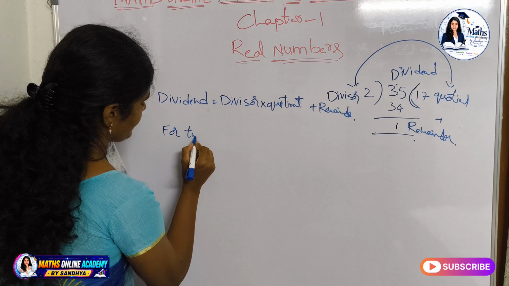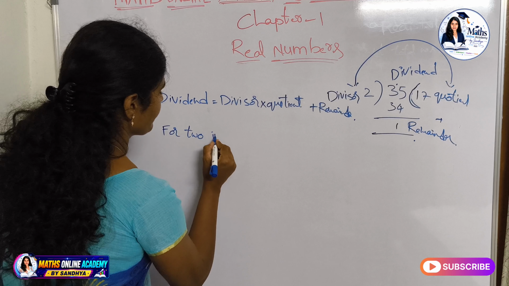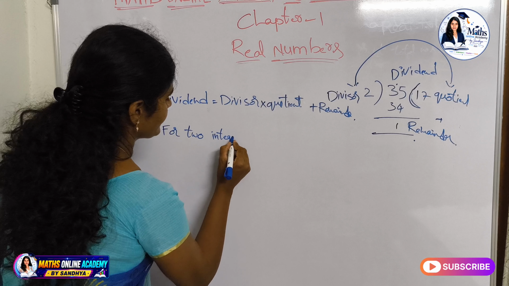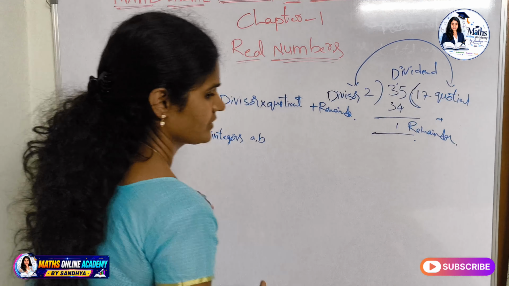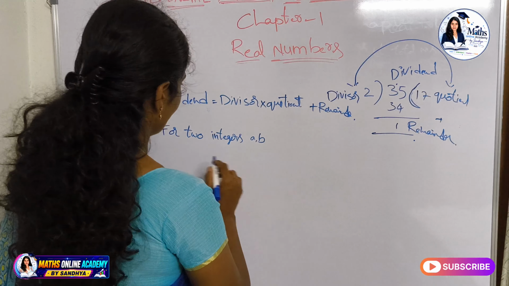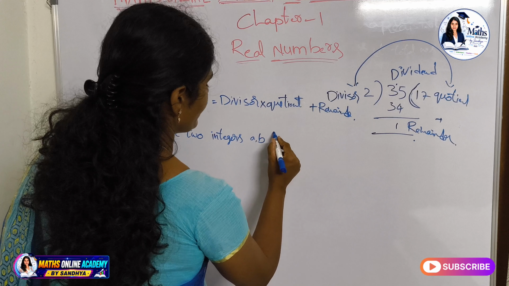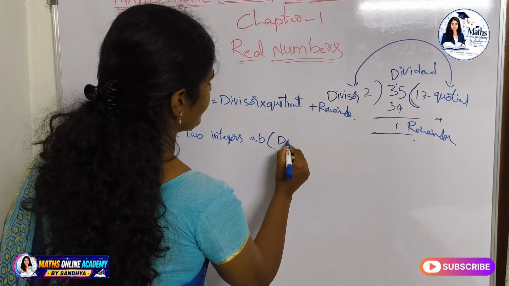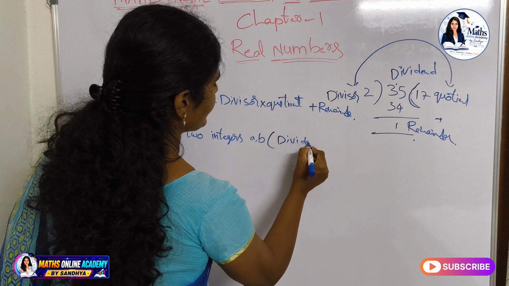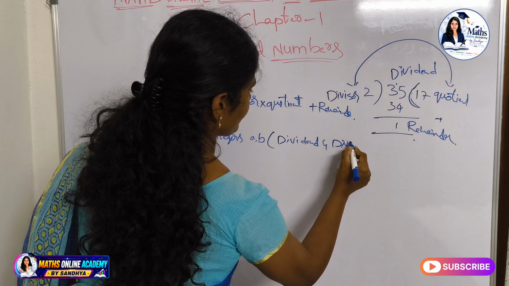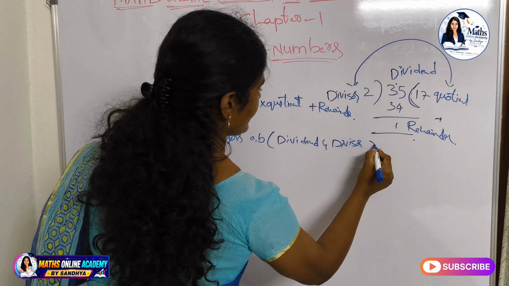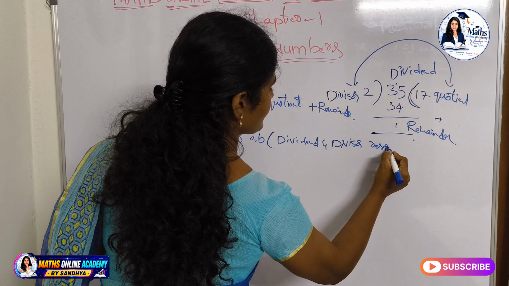For two integers a, b, for two integers a comma b, dividend and divisor respectively.